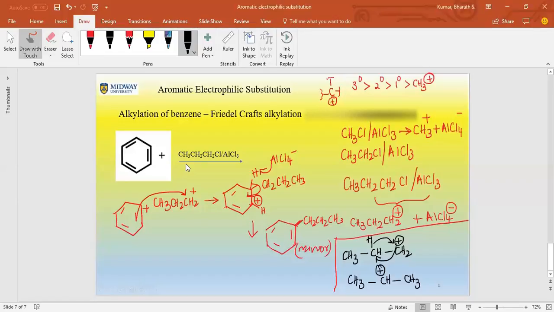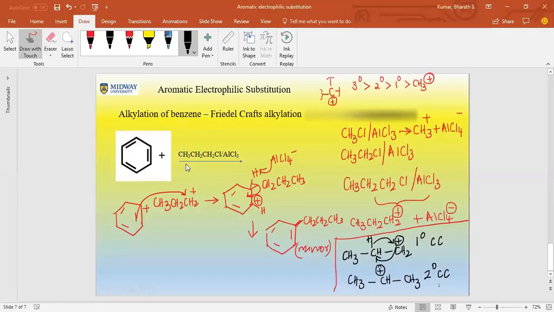Remember how in 330 I made you write different isomers for a given positive charge? It's exactly the same thing that's coming back. But this time it's in the context of a reaction, so it makes more sense. Now, this is a primary carbocation. This is a secondary carbocation. You cannot have a tertiary for this one, okay?